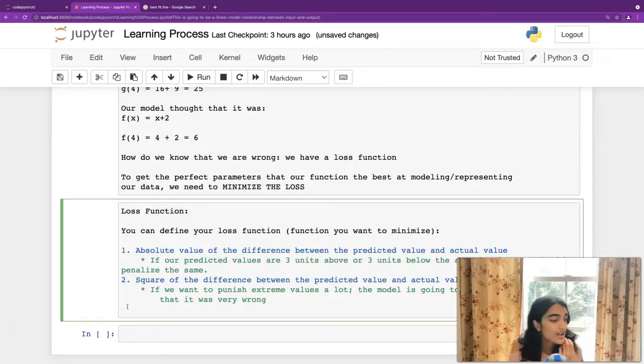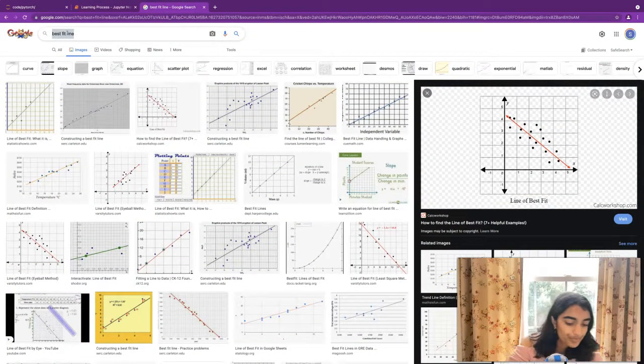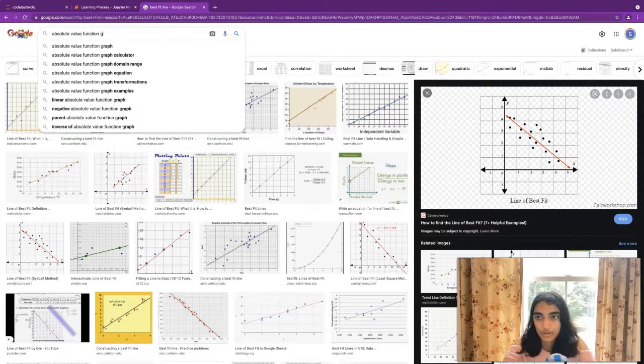So although the minimum is 0, there are some things that you want to keep in the back of your mind, and that is the derivative at that minimum. So if you take a look at the absolute value function, it looks like a V, right? Maybe we should search absolute value function graph.